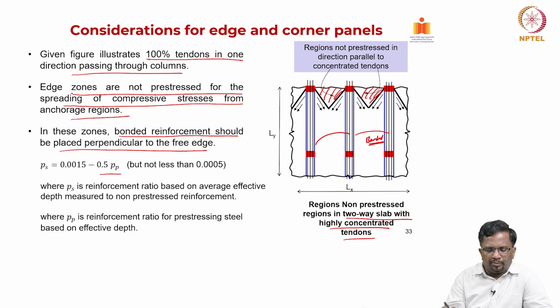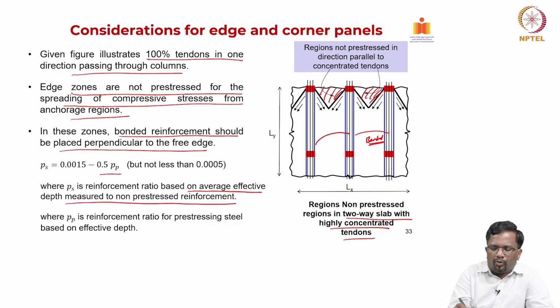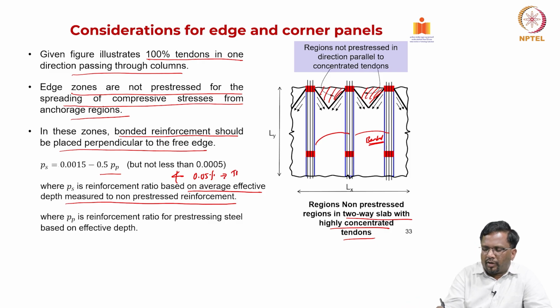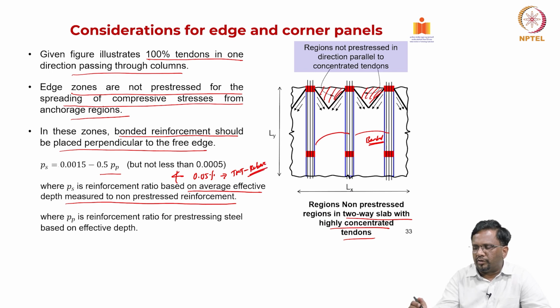What is rho_p? It is the reinforcement ratio based on the average effective depth measured to the non-prestressed steel. This amount cannot be less than 0.05%. So, at any location in this region, bonded steel or TMT rebar has to be provided. How do you provide the rebar?